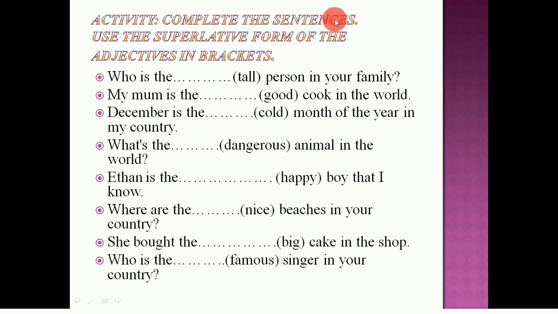activity complete the sentences. use the superlative form of the adjectives in brackets. so who is the tall person in your family? My mom is the adjective good cook in the world. December is the adjective cold month of the year in my country.